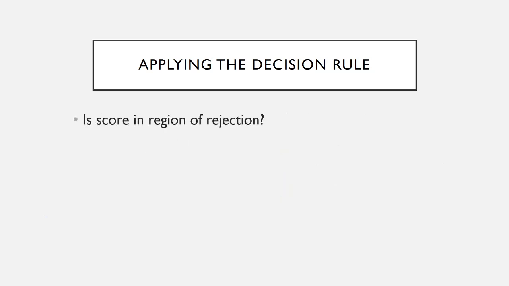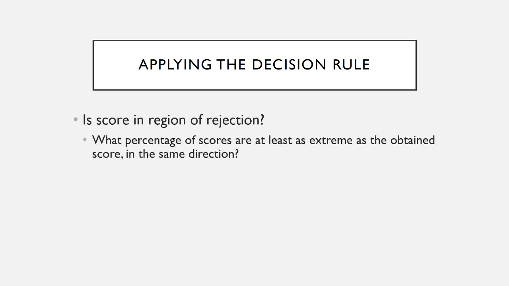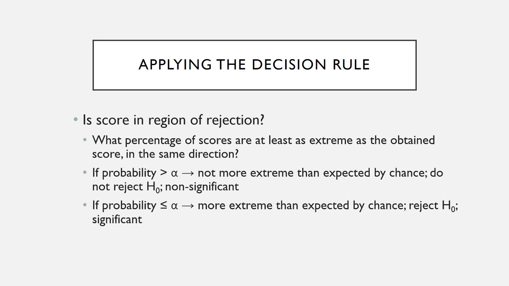So how do we figure out if our score is in the region of rejection? We basically ask ourselves what percentage of scores are at least as extreme as the obtained scores, but only on the one tail of the null distribution.